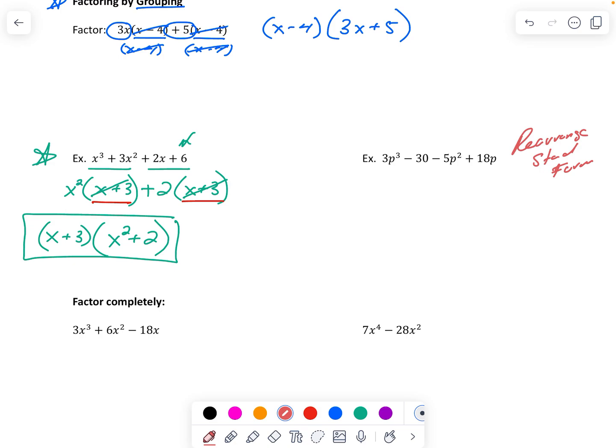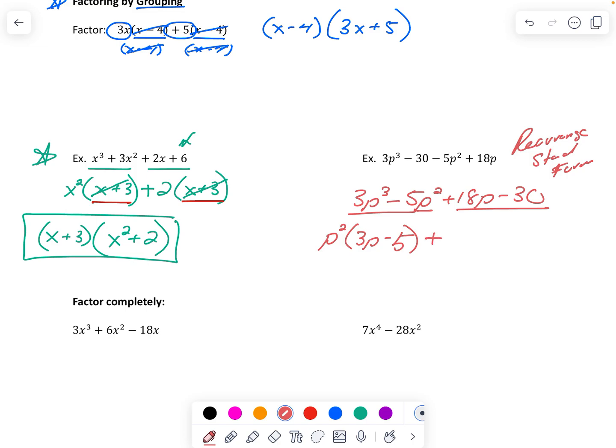So that's going to be 3p cubed minus 5p squared plus 18p minus 30. Remember, whatever's in front of the number stays in front of the number. Now we're going to look at those 2, then those 2. Looking at the first 2 terms, all that's in common is p squared. That's going to leave us with 3p minus 5.